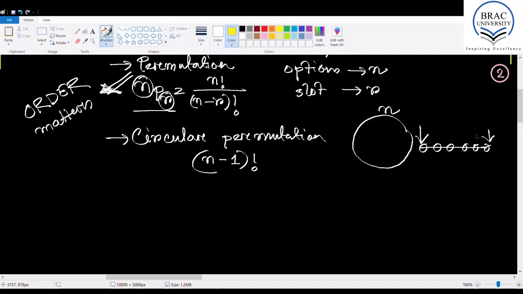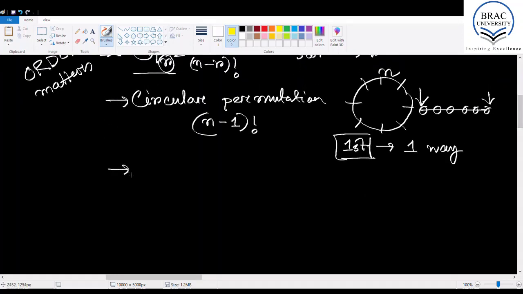But in case of circular permutation, can you define which one is first, which one is last? Since there is no such reference point, for the first element, instead of n ways, there is only one way to put that first element in any of these slots, because all of the positions are symmetric for the first element.